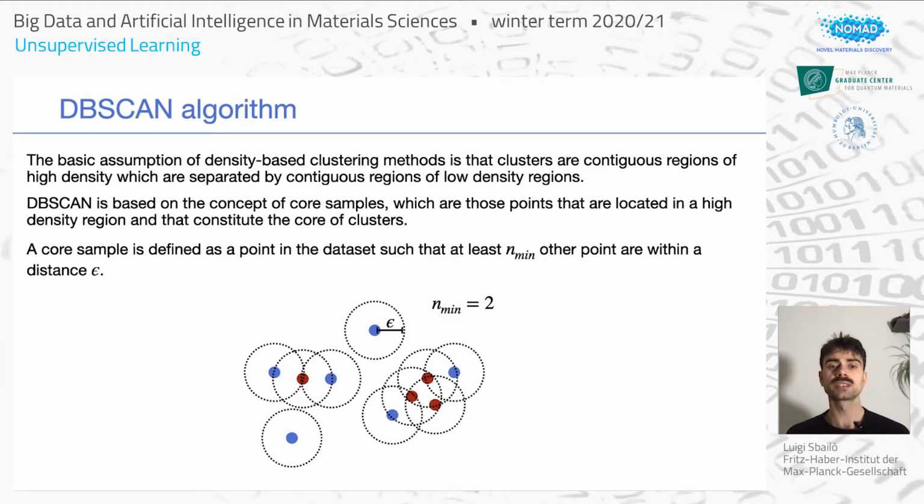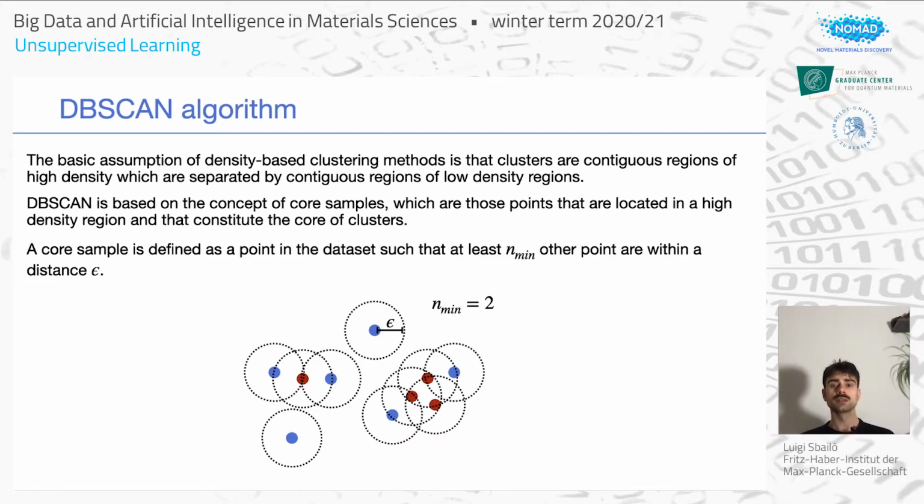These define the distance around our samples, and we are interested to see whether within this distance a point has at least the minimum number of other points. If this happens, that point is going to be classified as a core point. So in this case, we can find 4 core points, which are the particles colored in red.